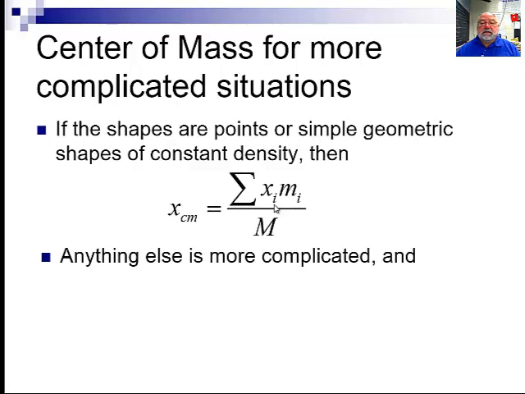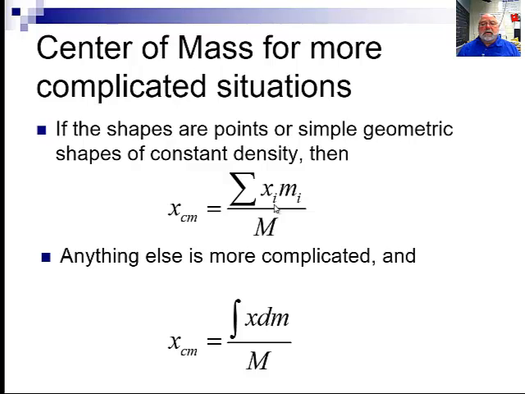Well, for discrete simple points, we just add up the location of the center of mass of the simple object times its mass divided by the total mass. Okay. Now we're going to turn this into calculus, because we're going to deal with masses that change with location or have odd shapes, so we can't use those simple geometrics.